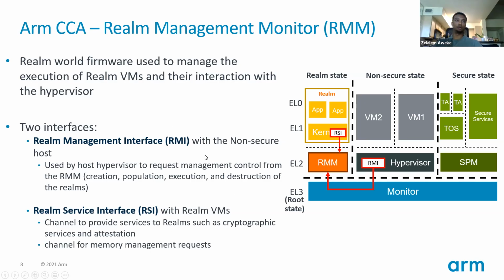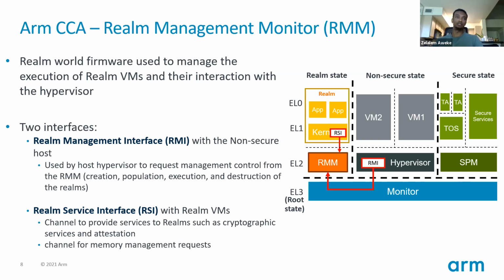It's called the Realm Management Interface. Like I mentioned earlier, the hypervisor still does virtual machine creation, population and execution. It does the scheduling, it does memory management, but it needs the help of the RMM to accomplish those tasks.